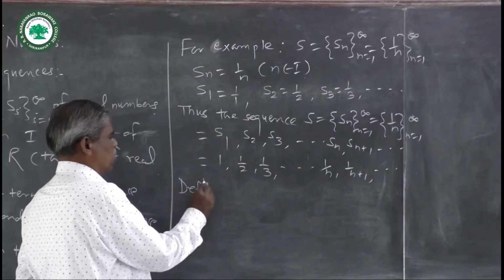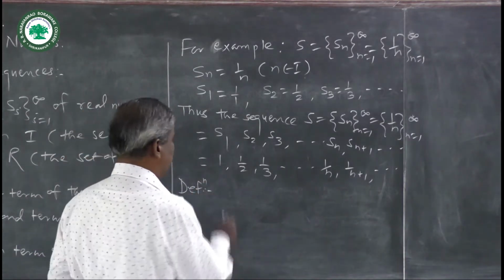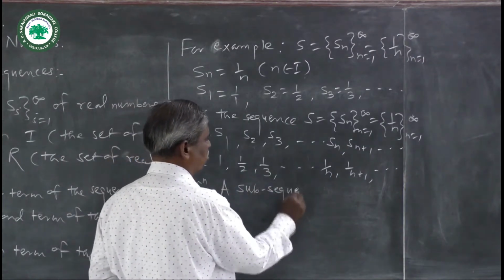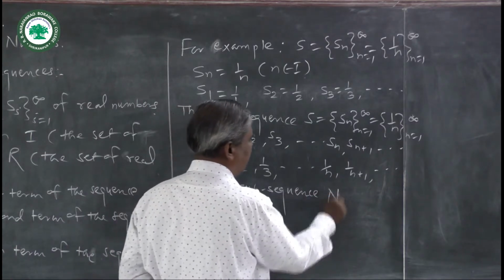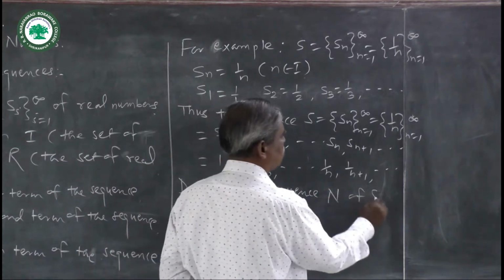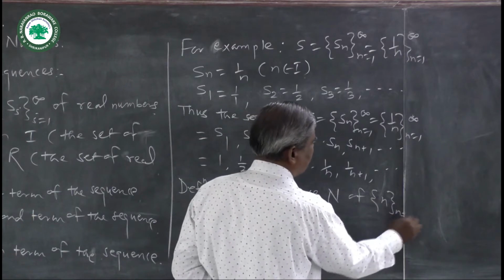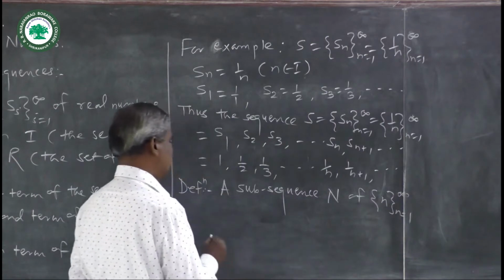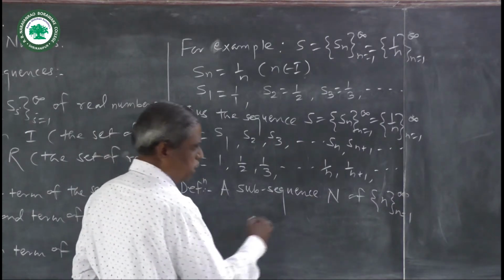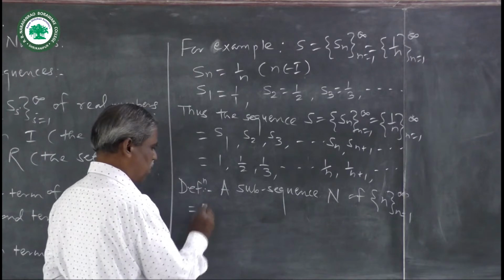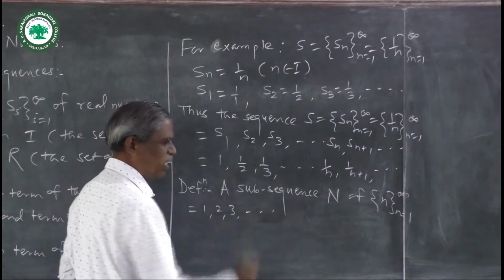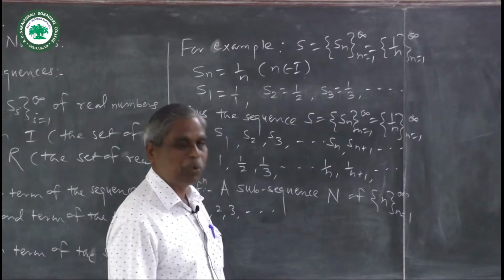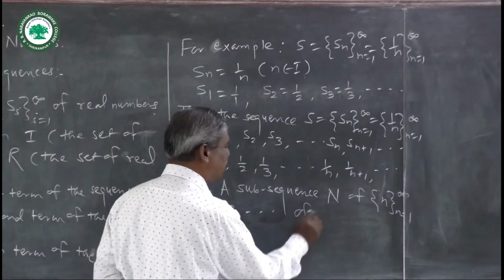A subsequence capital N of small n, n is equal to 1 to infinity, which is equal to 1, 2, 3 and so on.